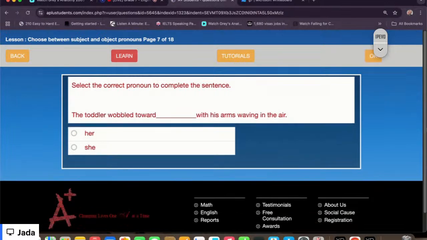The toddler wobbled toward blank with his arms waving in the air. Her or she?